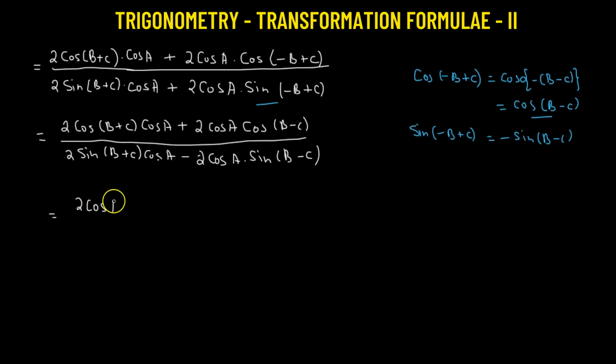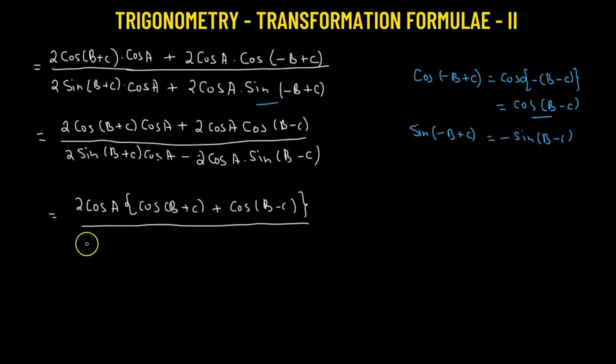So 2 times cosine of a multiplied to cosine of angle b plus c plus cosine of angle b minus c, divided by 2 times cosine of a as a common factor in the denominator as well, multiplied to sine of angle b plus c minus sine of angle b minus c. Fine. So 2 times cosine a will be factored out.